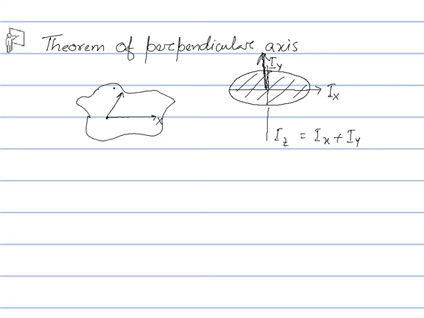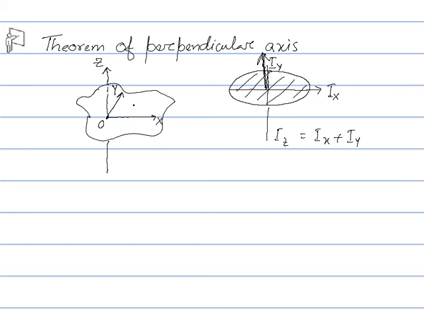These two axes are mutually perpendicular and on the plane of this lamina, and this is a perpendicular axis which is perpendicular to the plane of the lamina and passing through the point of intersection of the x and y axis. So this is Iz. Then we have to prove that Ix plus Iy, that is the moment of inertia about the x axis plus the moment of inertia about the y axis, equals the moment of inertia about the z axis.